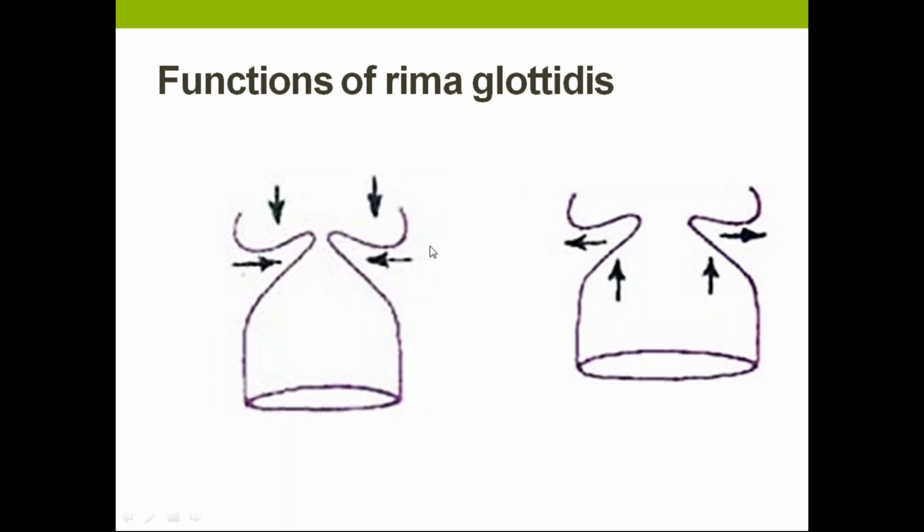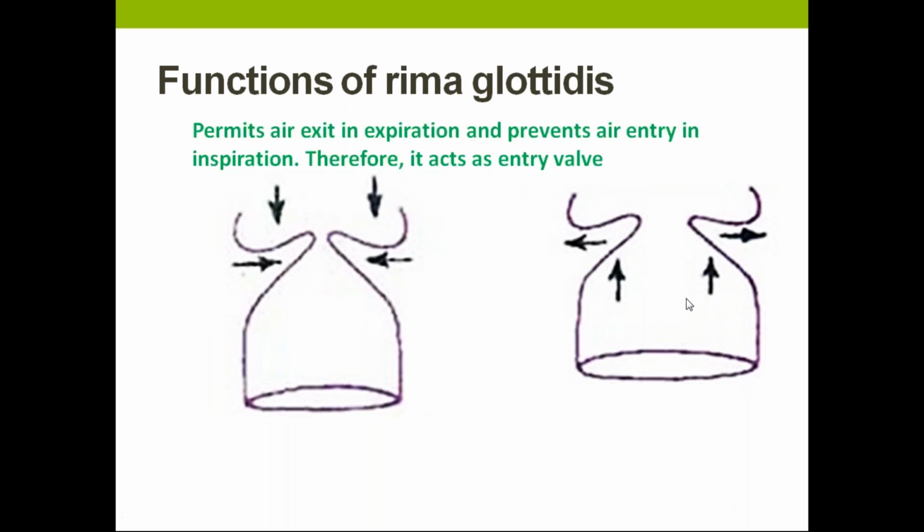Now the function of the Rima glottidis is opposite to the Rima vestibuli. So what is the opposite action? It prevents air entry in inspiration and allows air to exit in expiration, so it acts as an entry valve here.